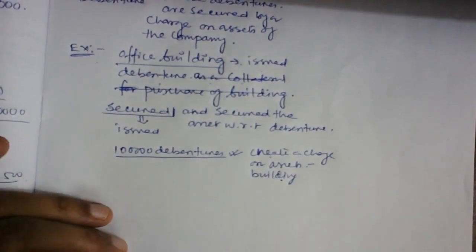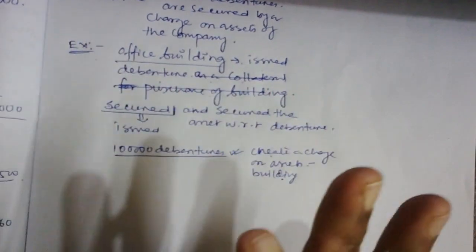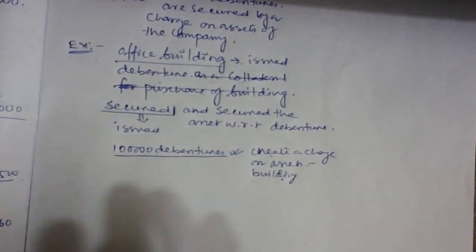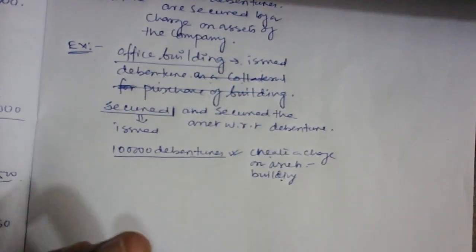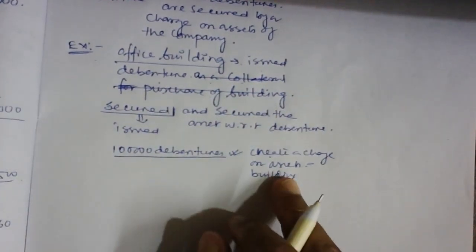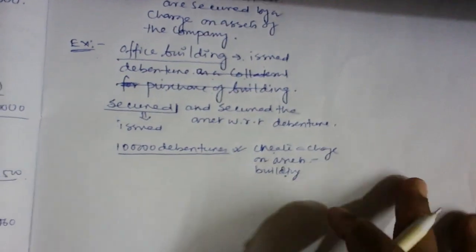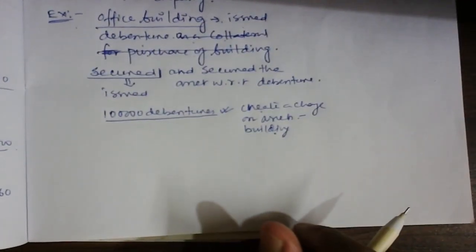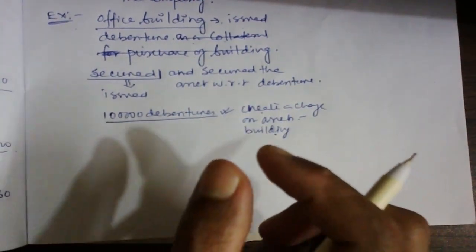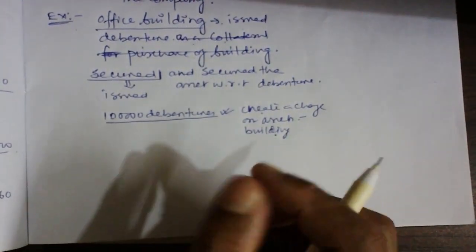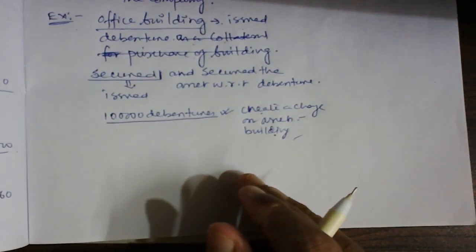Clear? So here the debenture holder becomes safe. They don't have any headache with respect to the debenture. They know if the company fails to pay, we are going to sell this asset and get our money back. Your debenture is secured by creating a charge on an asset of the company, let's say a building.